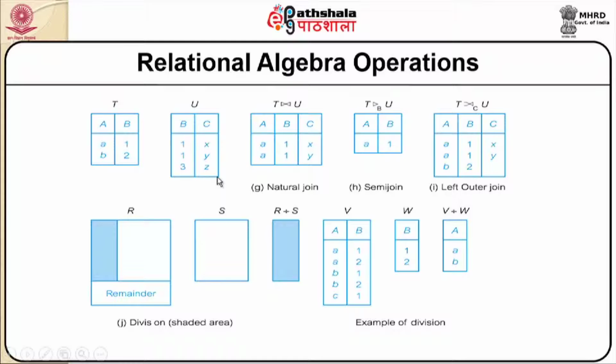So, 3z is completely eliminated and the resultant has a1x, the duplicates basically been avoided, it cannot be a11x, the duplicate is b here. So, it has been represented only once. So, it becomes a1x, a1y, and because it is left outer join, it is b2 alone and this becomes a null value.